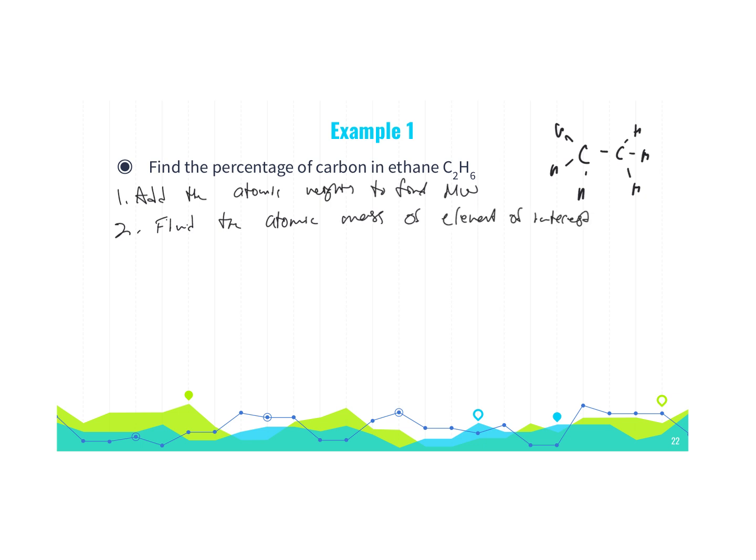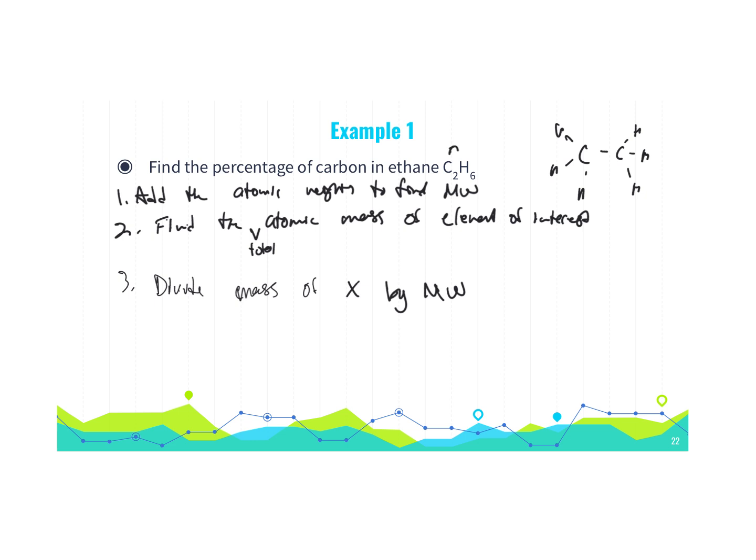In this case, if we're looking at carbon, we'd get the atomic mass of carbon and multiply that by 2 to find the total mass of our element of interest. And then 3, divide the mass of the element of interest, in this case mass of X, by the molecular weight.